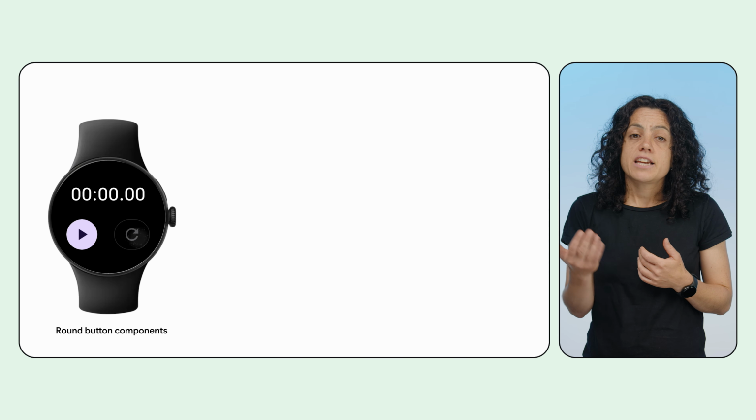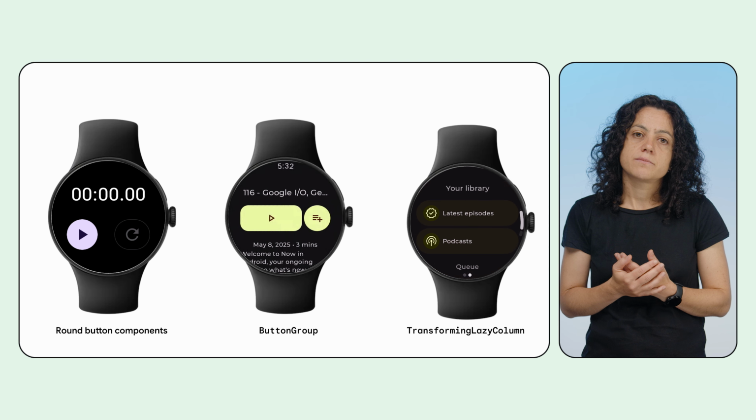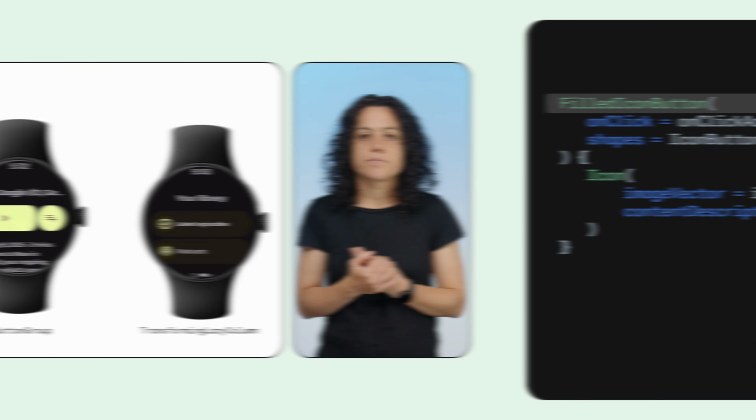And finally, TransformingLazyColumn, a new lazy vertically scrolling list that can be used to apply scaling and morphing animations to elements in the list. So the height and width of the items morph as they get closer to the top and bottom screen edges. Let's look at some code now.